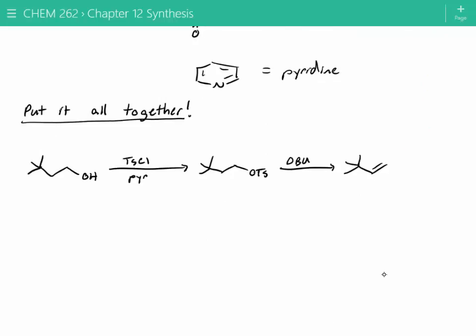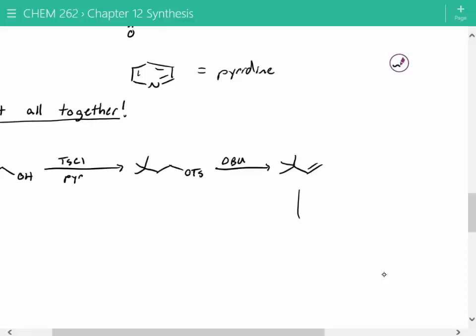All right, so now we've got our alkene. We said in order to get our vicinal dihalide, we need Br2.